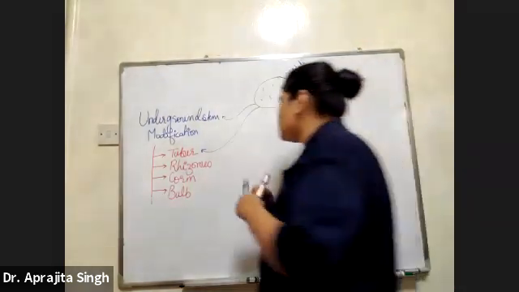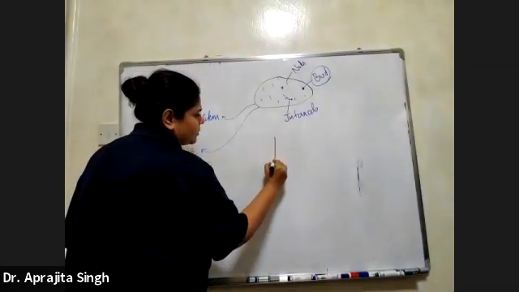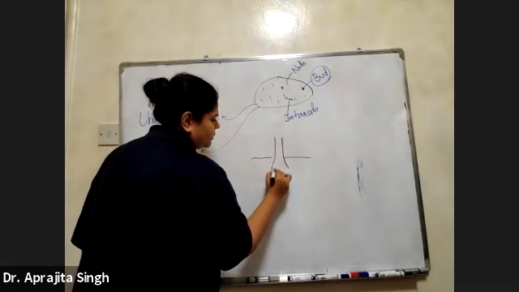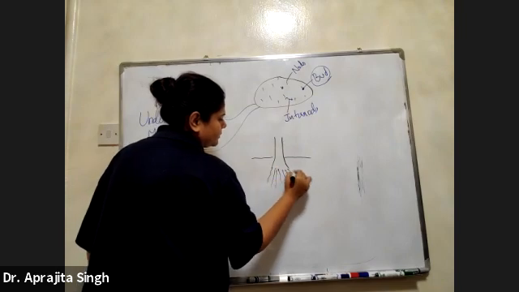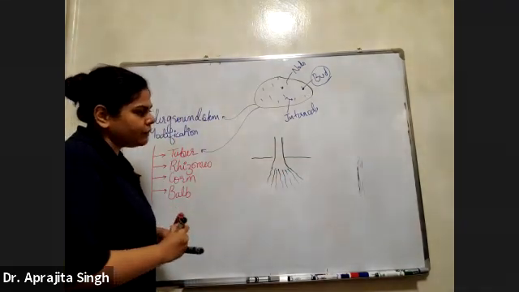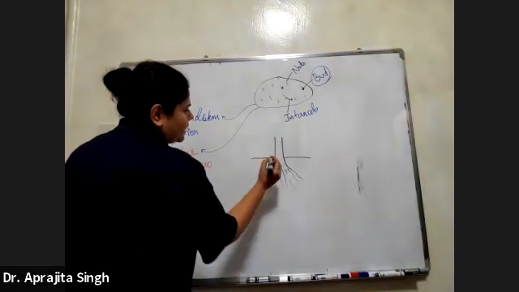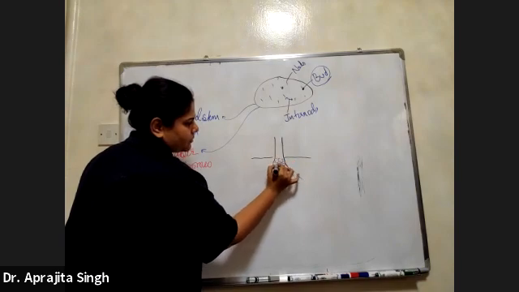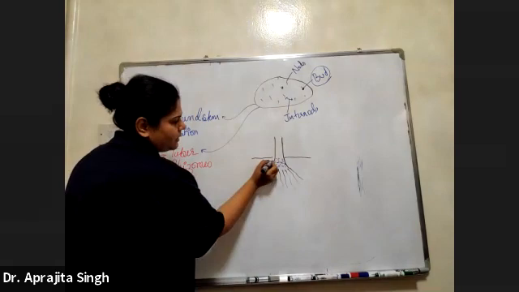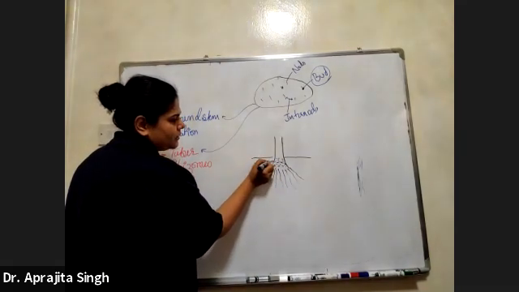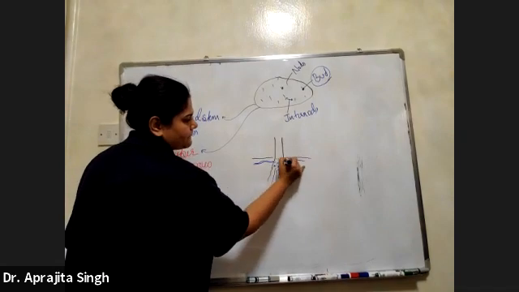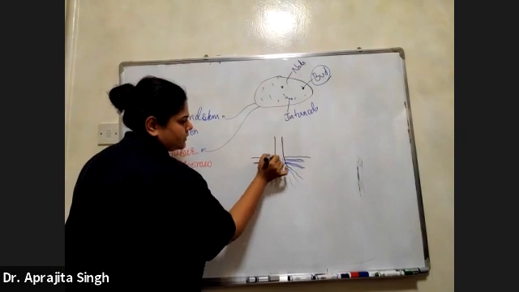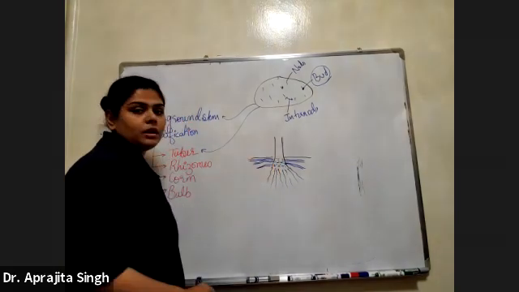How? I'll show you. This is the stem, okay? This is the soil, and we have the roots here. What will happen in the case of potato? From here, this part, the stems will go like this.